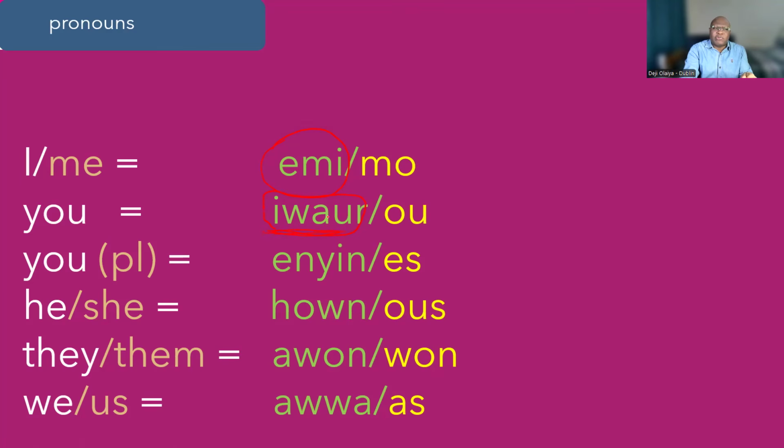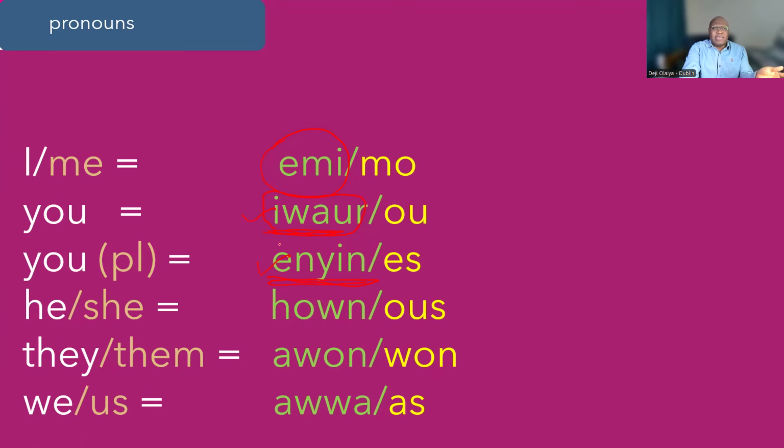But if you want to talk to somebody who's older than you, like your mom or your dad, or your boss at work, or somebody in a higher position than yourself, maybe like a king or a senator, somebody who should be respected, you use ẹ̀yin to show respect. You use ìwọ for your age mate, and ẹ̀yin for somebody who is older than you or who has a higher status than you, like your boss or your parents.